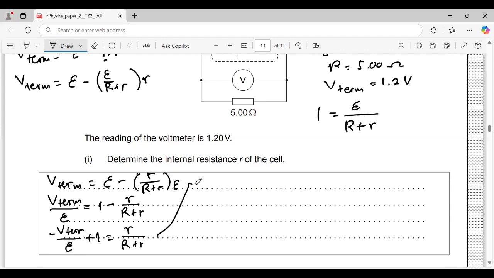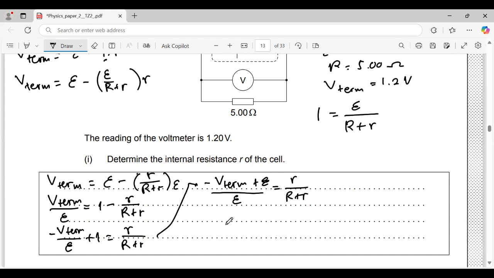And 1 is epsilon over epsilon, so we have minus V terminal plus epsilon, over epsilon, equals r over R plus r.